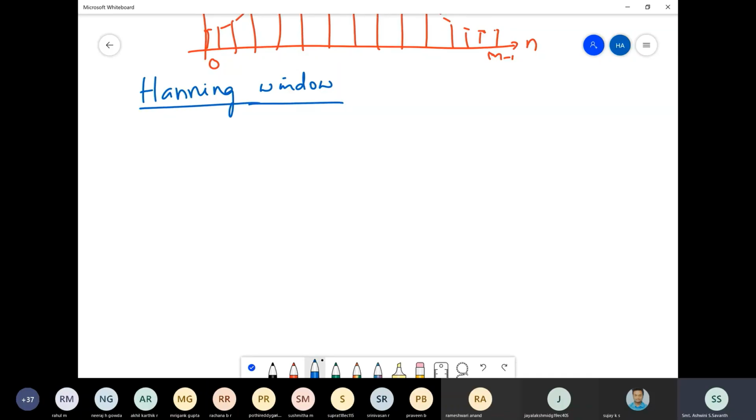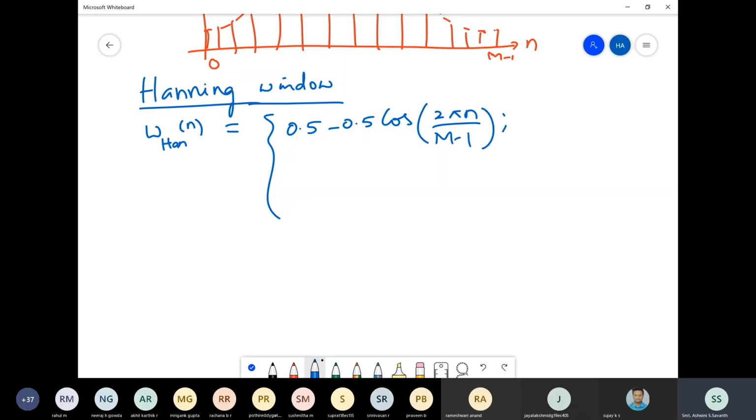It is denoted as w_Han of n. The equation is 0.5 minus 0.5 cos of 2 pi n by m minus 1, for 0 less than or equal to n less than or equal to m minus 1, and it is 0 otherwise.